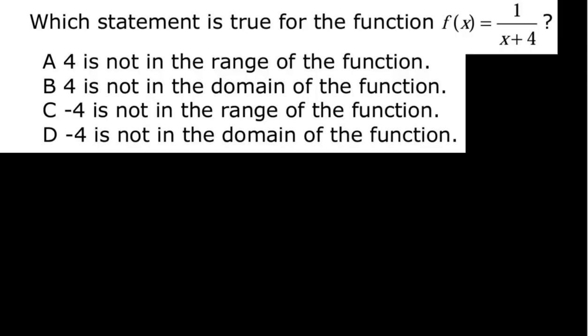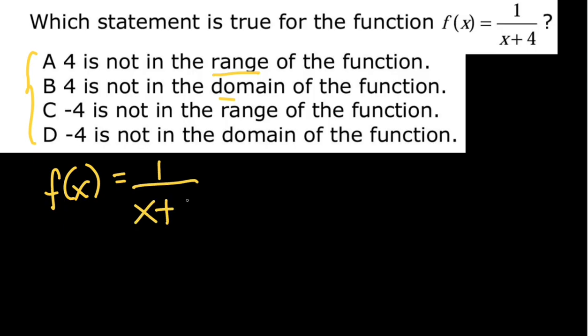Which statement is true for the function f of x equals 1 over x plus 4? So we're given these four statements here, and all of the statements are talking about the range and domain of the function 1 over x plus 4.